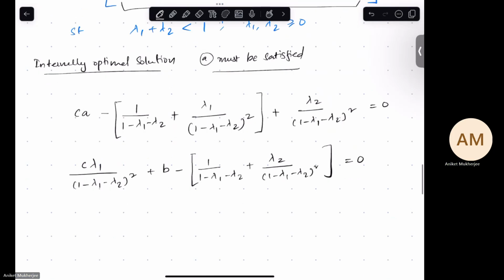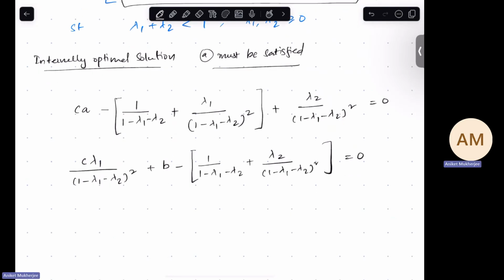This is equal to 0. Okay. So now we have to solve for lambda 1 and lambda 2.